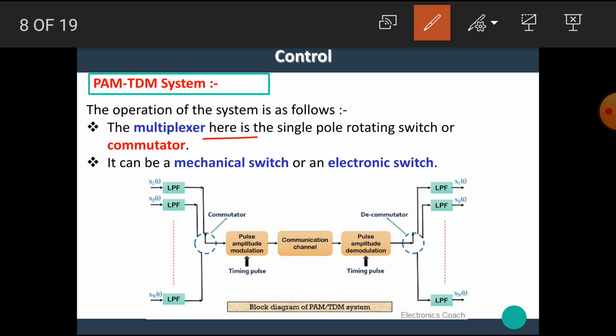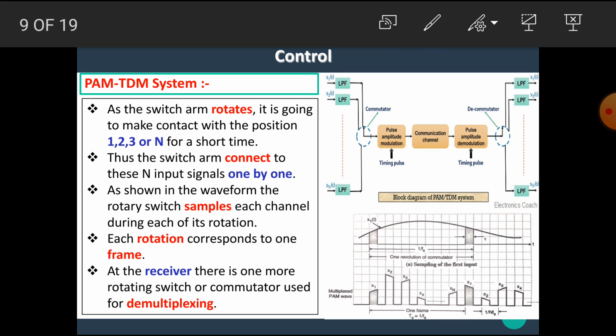Here, the multiplexer is a single pole rotating switch or commutator. That means this commutator is a multiplexer. It can be a mechanical switch or any electronic switch. Now, as the switch arm rotates, it makes contact with positions 1, 2, 3 or n for a short time.